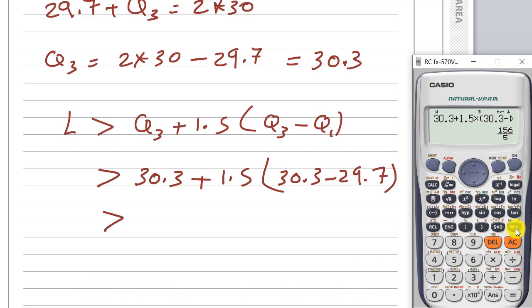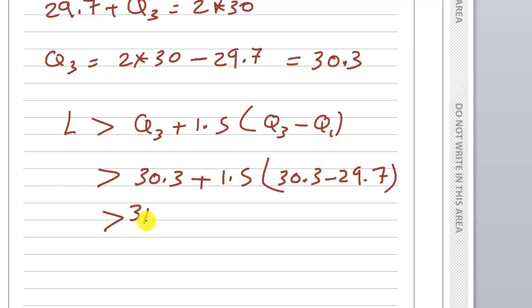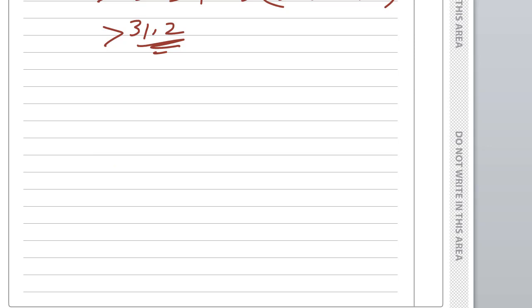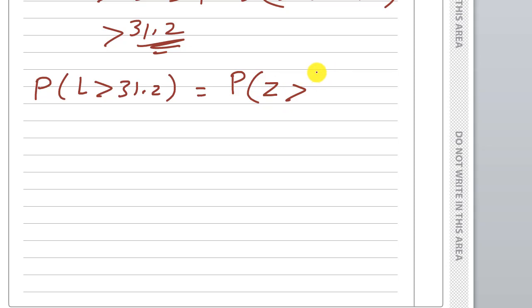It's equal to 31.2. So now probability of L is bigger than 31.2 is equal to probability of Z bigger than 31.2 minus 30 divided by 0.5.